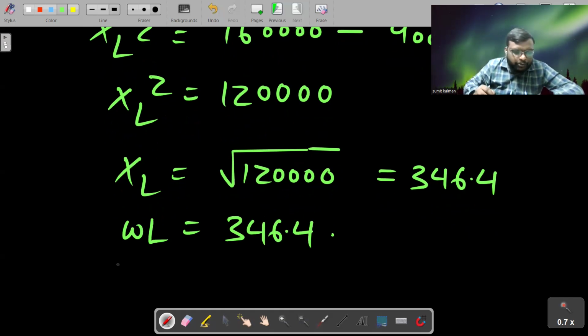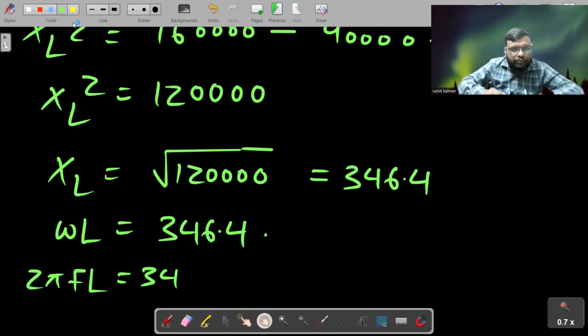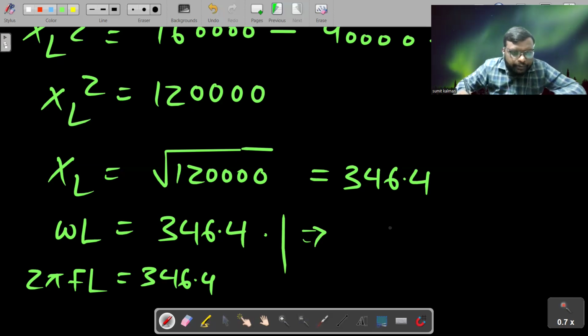And students, I can write omega in terms of frequency, 2 pi f into L, it is equal to 346.4, which will become 2 pi f.